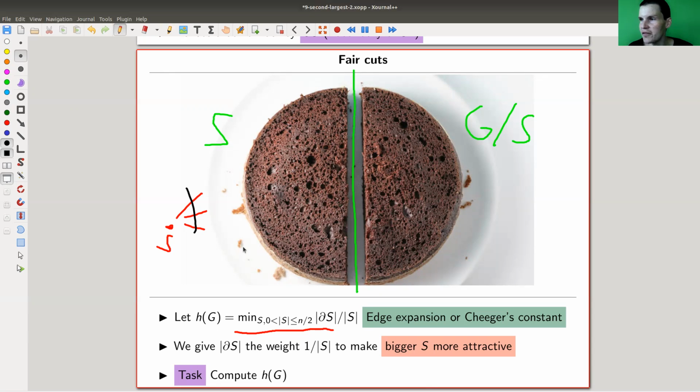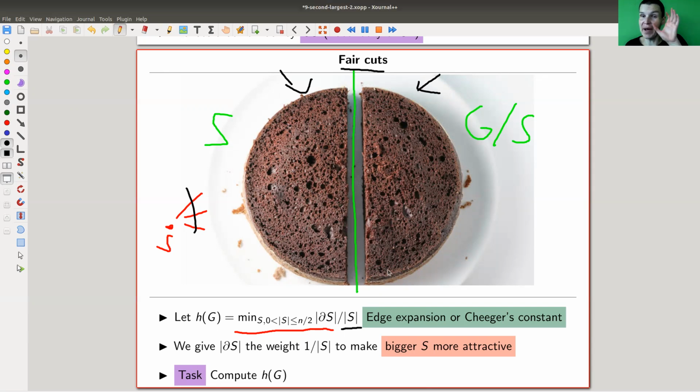In order to make fair cuts nicer, a fair cut is like this one here: I have cut the cake, hopefully in some sense fairly, into pieces S and G without S, which are roughly of the same size. To make those fair cuts more attractive, I divide by the order of my subset.